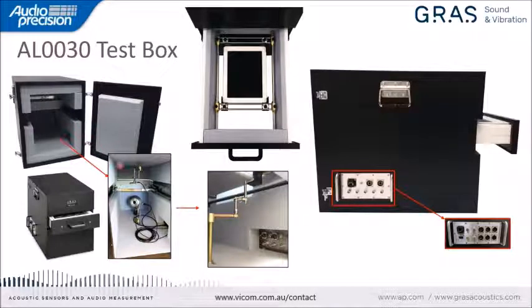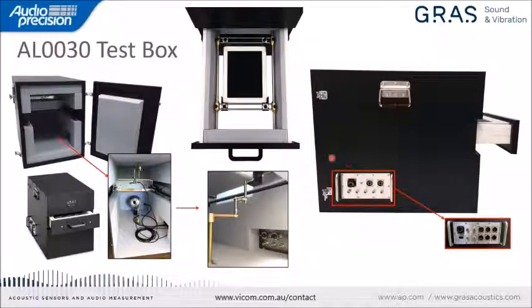So we can mount microphones like we see over here, or we can mount a sound source like a mouth simulator. In the front, it has a drawer. And when we open the drawer, we can see that we have telescopic arms where we can place device under test holders. These holders can have different form factors to perfectly accommodate the shape and size of the device that we are testing.